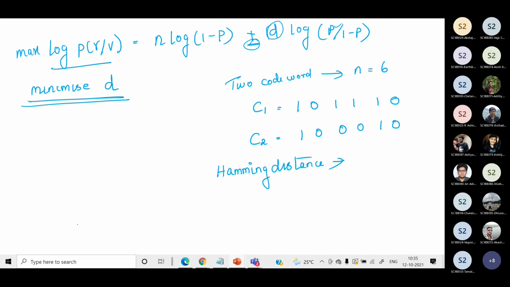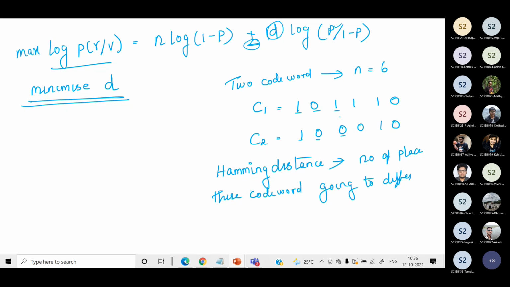How are we going to measure this distance? Hamming distance is nothing but the number of places in which these code words differ. So first position, both are the same bit. Second position, both are the same.